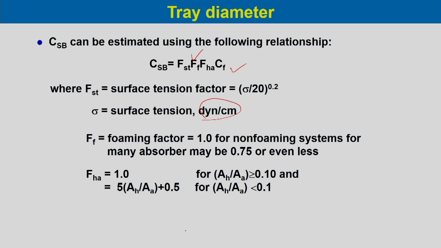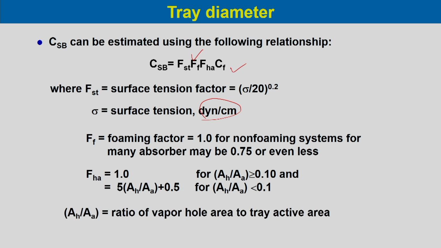For many absorbers it may be 0.75 or even less. FHA is 1 for AH by AA greater than or equal to 1.0, and it would be equal to 5 into AH by AA plus 0.5 for AH by AA less than 0.1. This AH by AA is the ratio of vapor hole area to tray active area, where AA is the tray active area and AH is the vapor hole area.